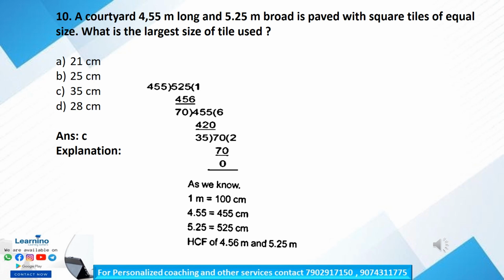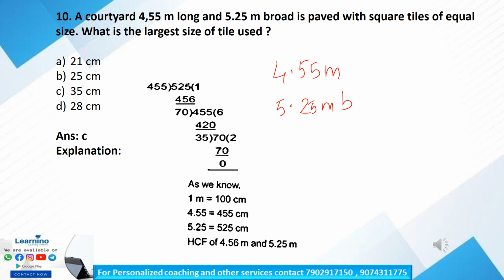A courtyard 4.55 meter long and 5.25 meter broad is paved with square tiles of equal size. So what is the largest size of tile used is our question. So we have given the values in terms of decimals, right? 5.25 meter broad and 4.55 meter in length.